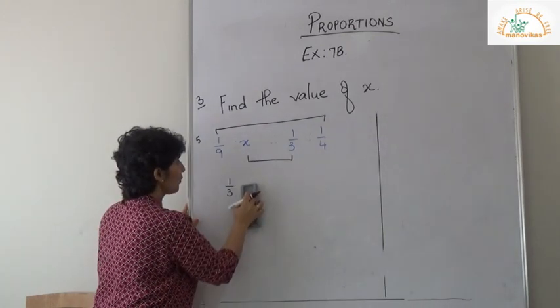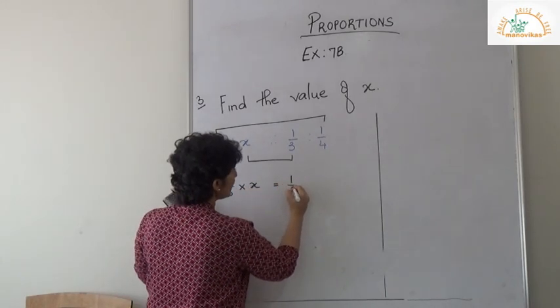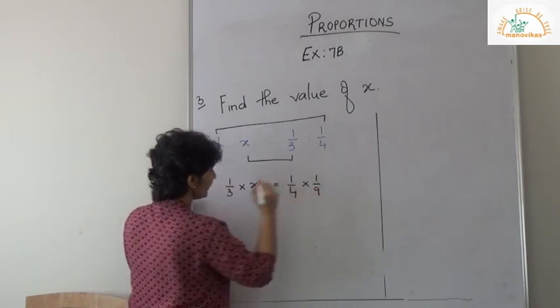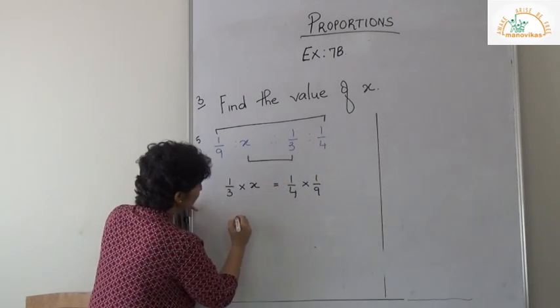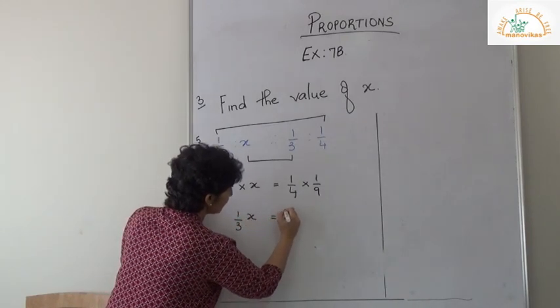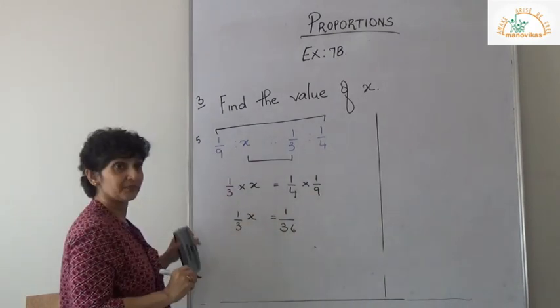Or let me write it. 1 upon 3 into x is equal to 1 upon 4 into 1 upon 9. Correct? So this gives me 1 upon 3x is equal to 1, 4 9s are 36. Right?